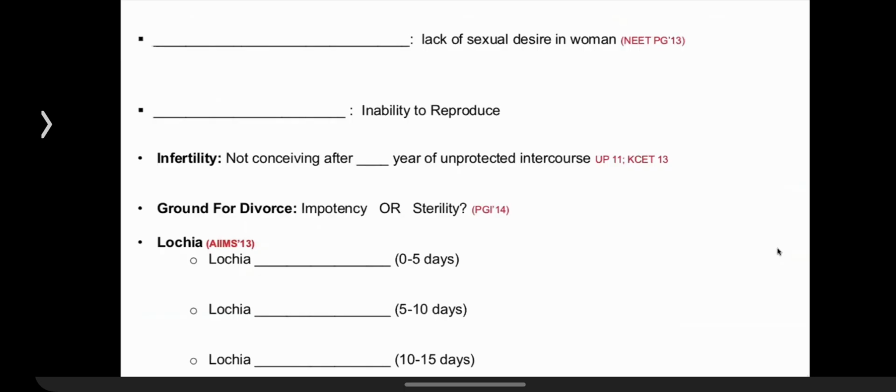Lack of sexual desire in female, cold female, that is frigidity.